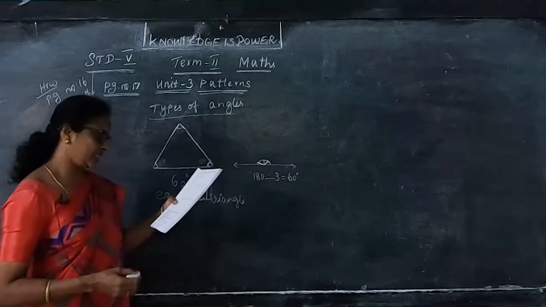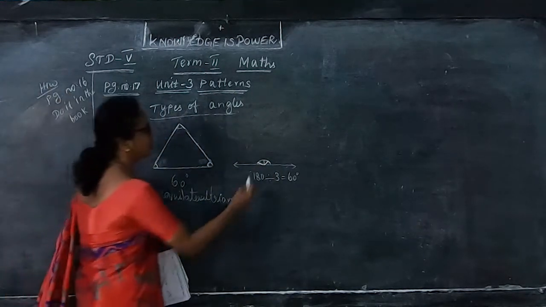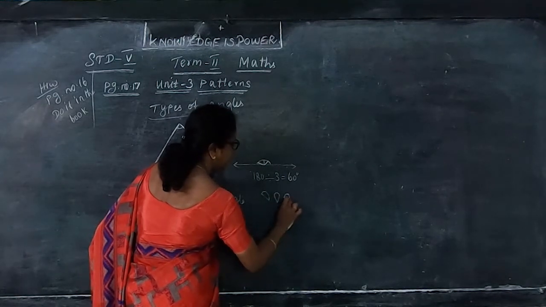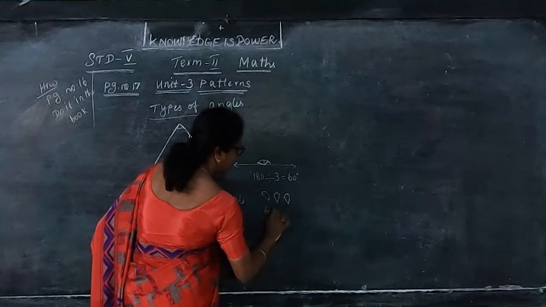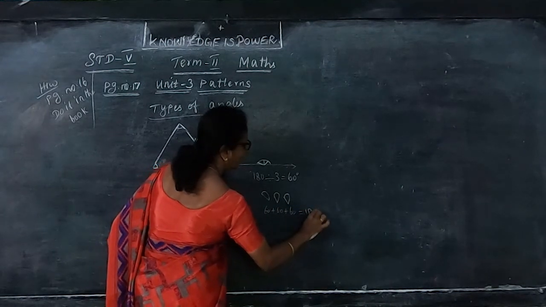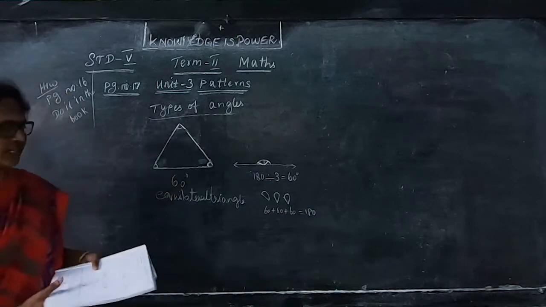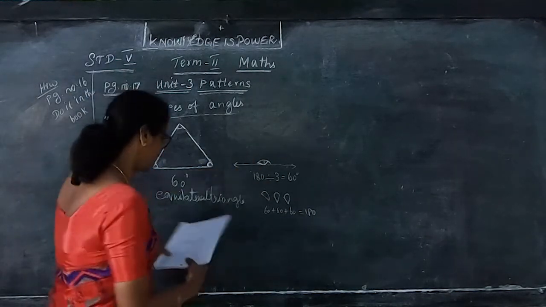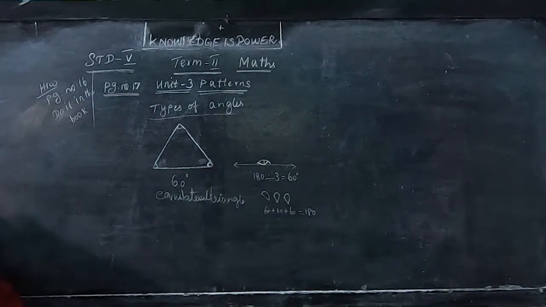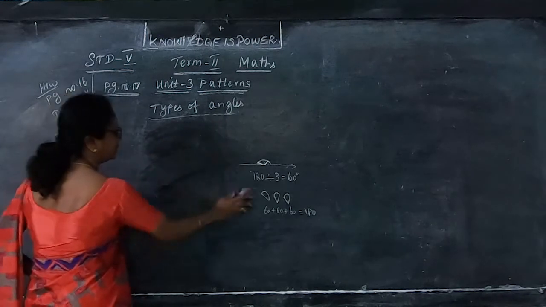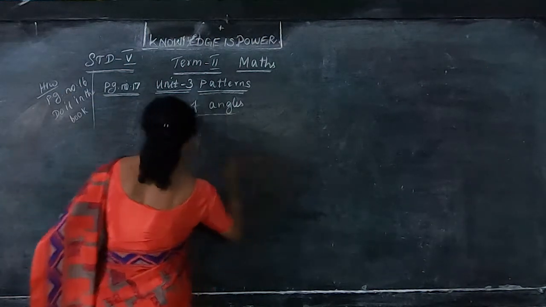Okay, 60 degree. So this is one 60 degree, this is one 60 degree. So 60 plus 60 plus 60 is equal to 180 degree. Can you understand? One 60, two 60, three 60, that is the equilateral triangle. This is equal. So one angle of an equilateral triangle is 60 degree.